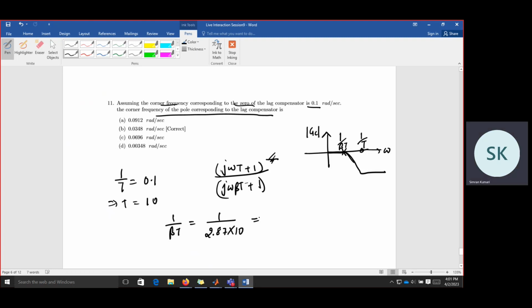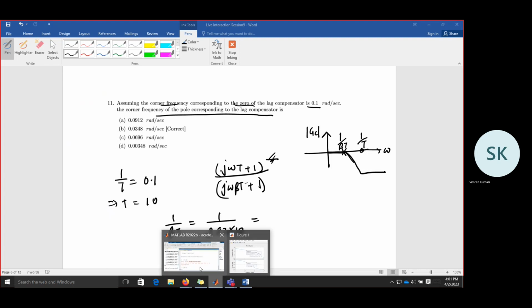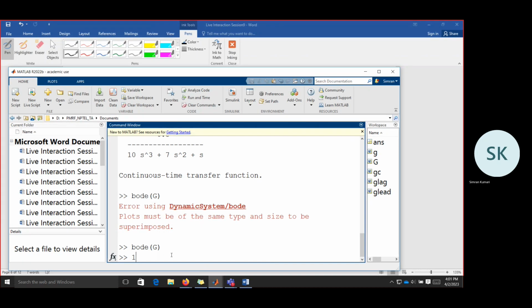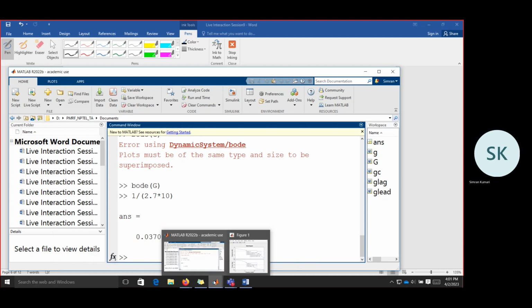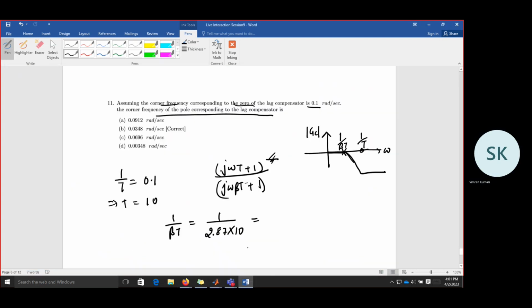What we'll get? 2.87 into 10, 0.0370 radian per second.